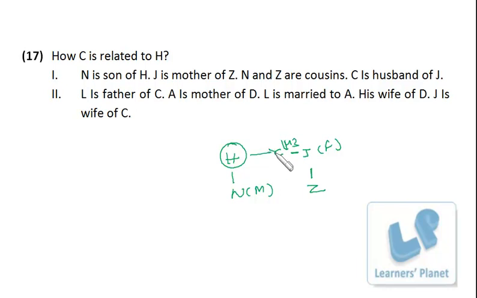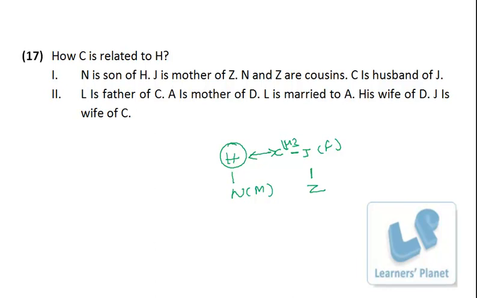So we cannot find out the relationship between C and H. C is male, and both of them are in the same generation, but we don't know whether H is male or female, so we cannot say whether they are brothers or brother and sister. Definitely C is male, but whether H is a sister or brother, we don't know. So statement 1 alone is not sufficient to answer the question.